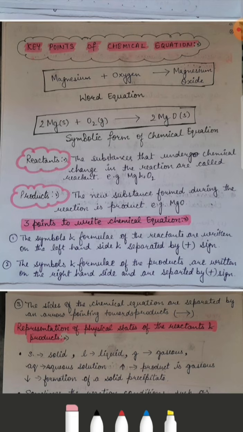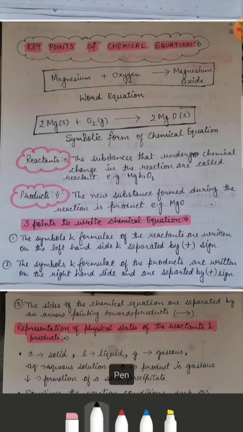Now another one is that we will write the symbols and formulas of the products on the right hand side, and if we have more than one product, two or three products, we will also separate them by a plus sign.